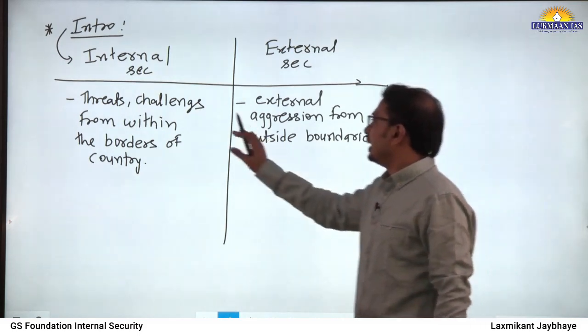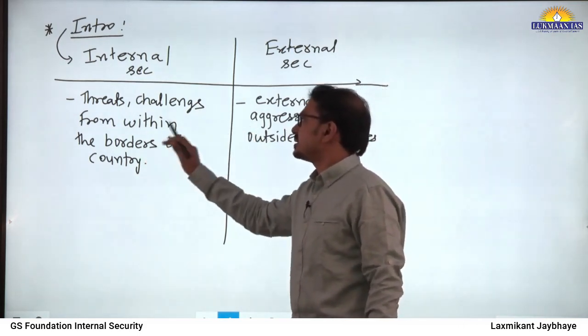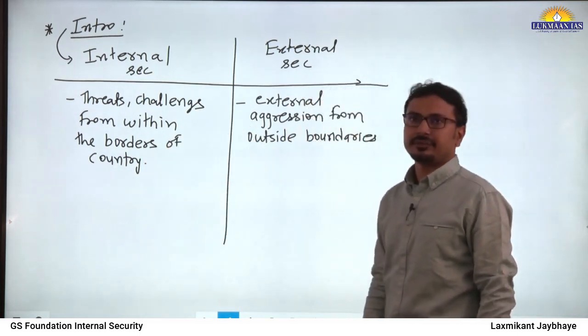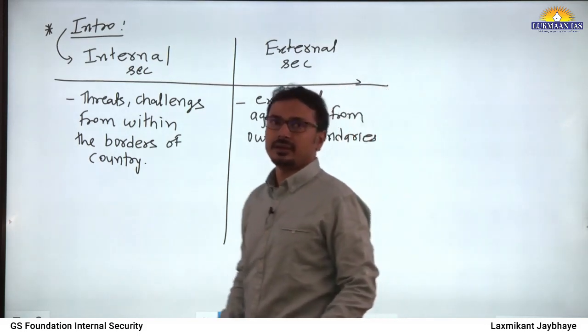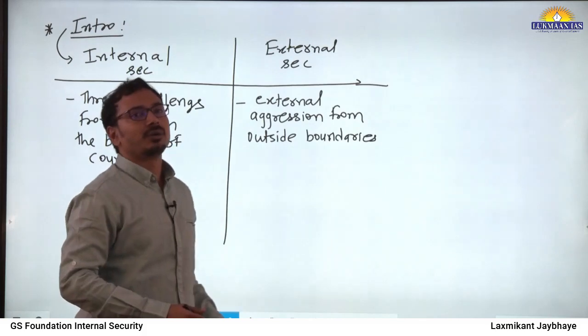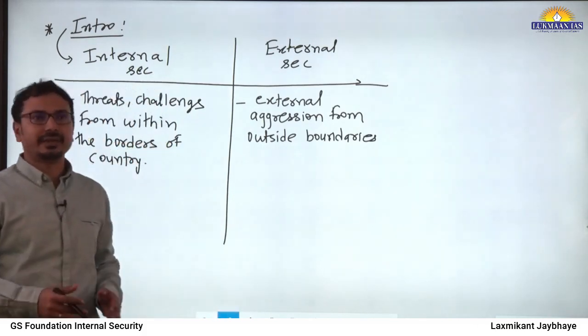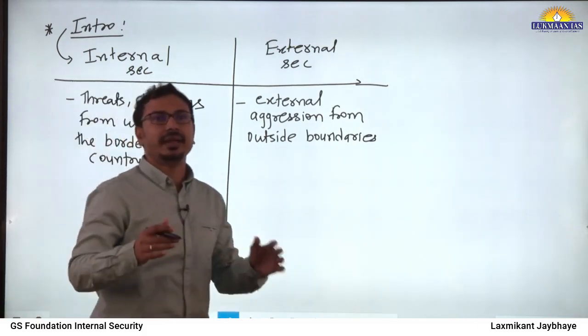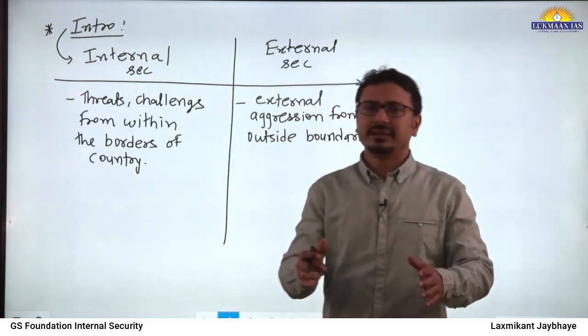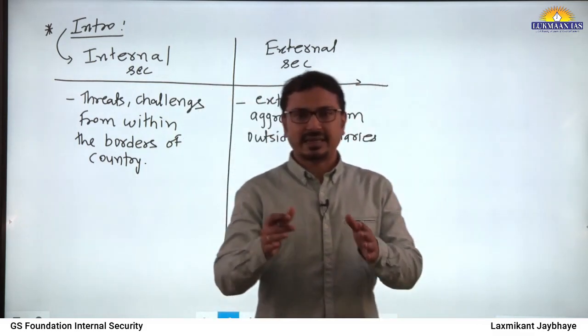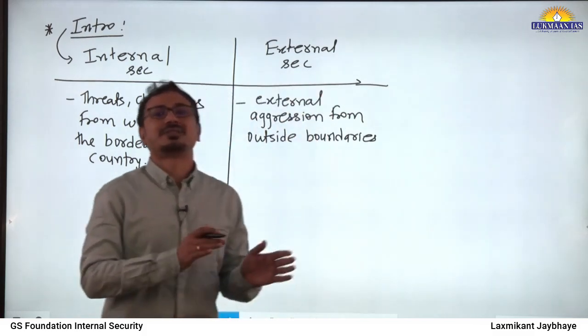So one is basically threats and challenges from within the borders of the country. Now, what are we talking about when we say threats and challenges? We are talking about ensuring sovereignty, unity and integrity of the country, and ensuring peace and harmony in the country. All these aspects are about security.